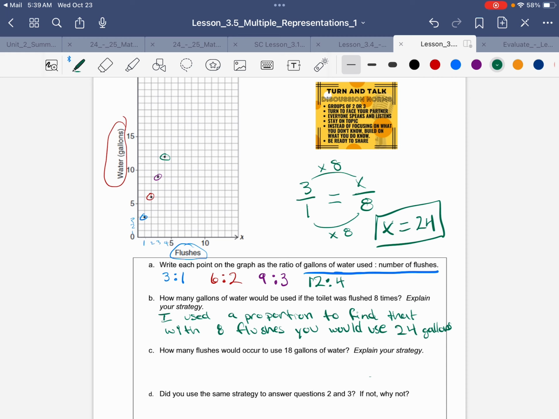So if we put 18 gallons and we don't know the flushes, we can use the same proportion, 3 and 1 flush. So look how we go from here to here. You can divide 18 by 3, or you can multiply. We can multiply this by 6, right? 3 times 6 is 18, so you do the same thing here, times 6. So it would be 6 flushes.